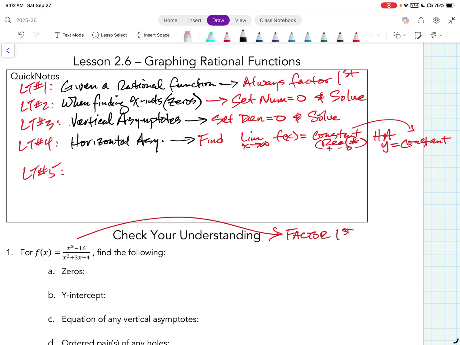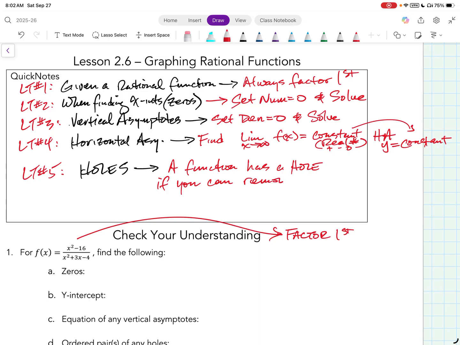Let's talk about holes here. If it has a hole, then it has to have a removable discontinuity. So a function has a hole if you can find a removable discontinuity, if you can remove the discontinuity.